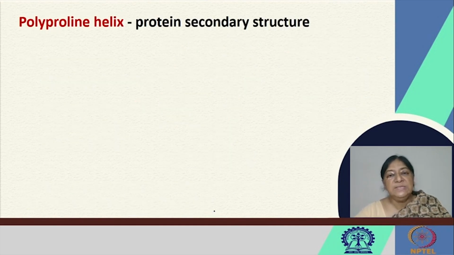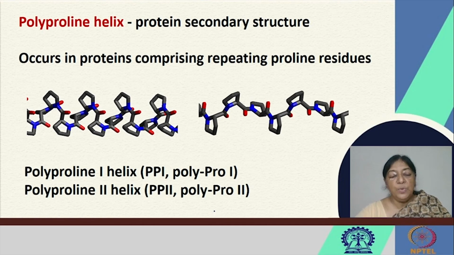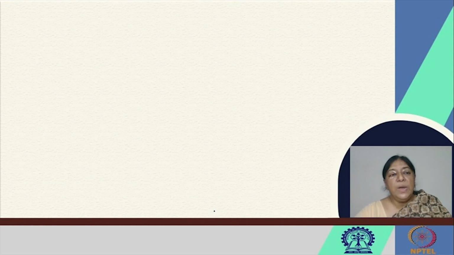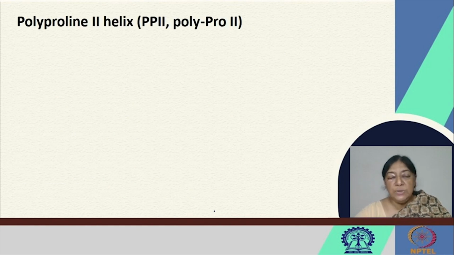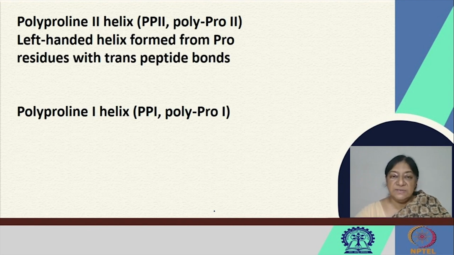Now, if we try and see what the polyproline helix means, this is a specific type of protein secondary structure involved with polyproline residues, where we have proteins that are comprised of repeating proline residues. So we have the polyproline 1 type and the polyproline 2 type. When we look at the polyproline 2, the PP2 type of helix, we will see that they have specific characteristics.